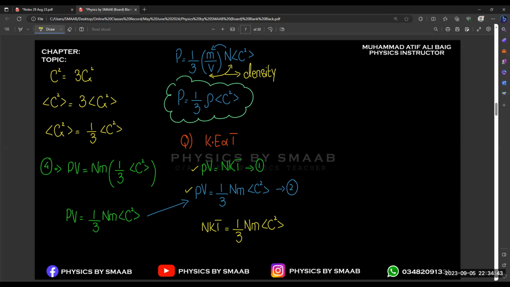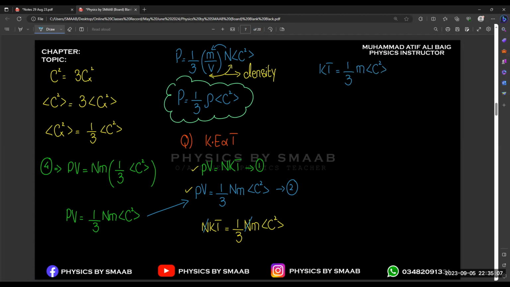Okay, clear? Yes. And you know that N on both sides will cancel out. So your final equation will be like this. Okay.